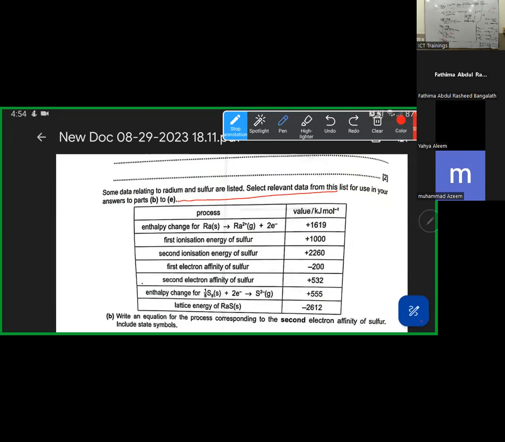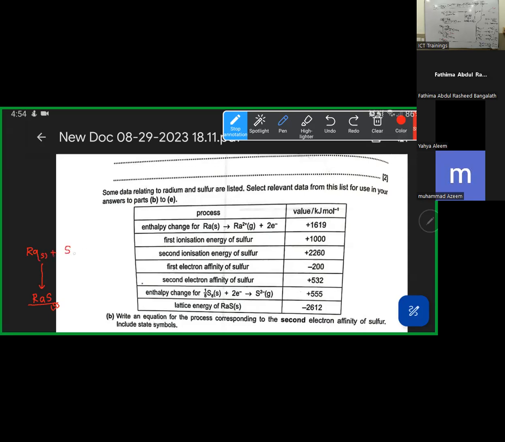Okay, everybody just look up here and focus. First of all, my dear students, you should write RaS. This is the ionic compound, the solid at the bottom. You should make the formation of it. Its formation is from radium, which is solid, and sulfur.